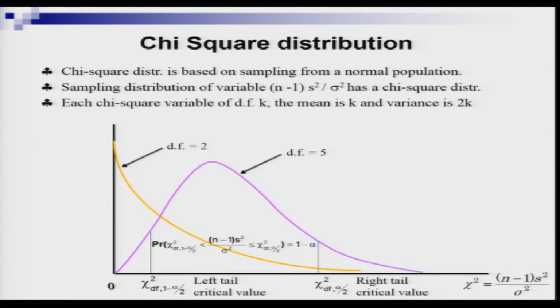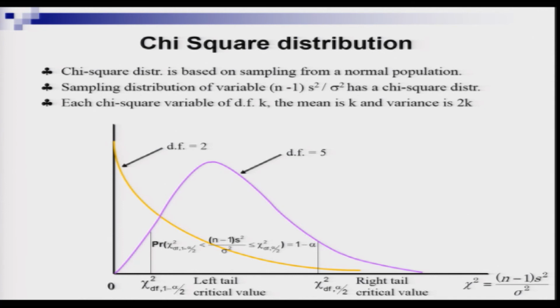If it is 99%, then also you can explain through this diagram. If it is 90%, then also you can explain through this particular diagram. So, in general, we can write that the probability of the chi-square random variable taking a value between the left tail critical value and the right tail critical value is 1 minus alpha.